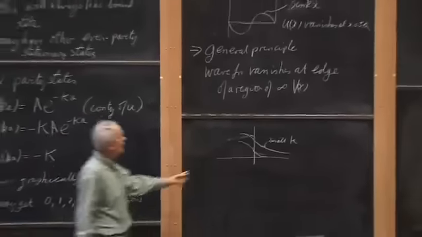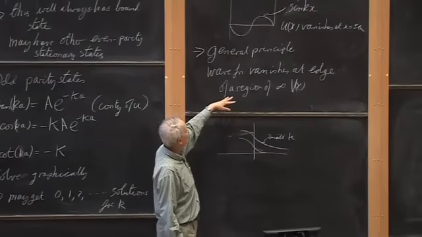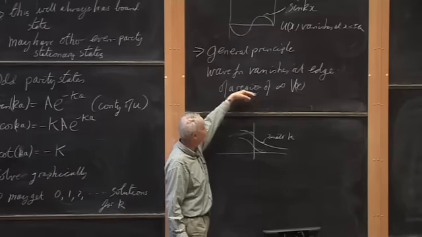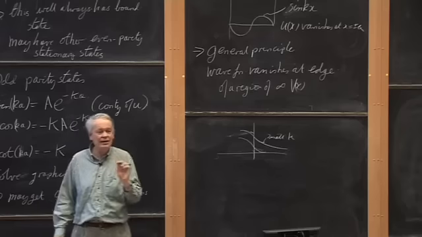And that's why it's a general property of these solutions of the time-independent Schrodinger equation that as you approach the edge of a region of infinite potential, the wave function vanishes in anticipation of that infinity.